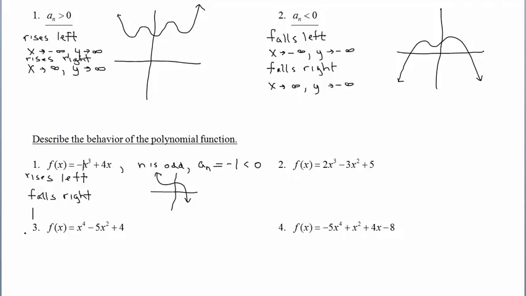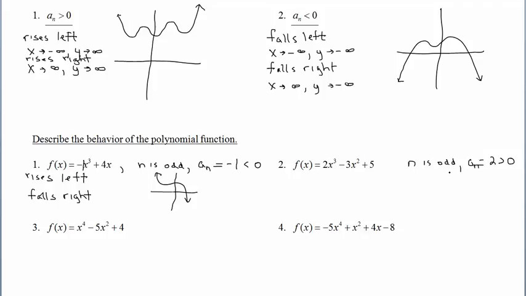I mentioned stating the notation, but in this case, let's just do a description without the notation. So let's look at example 2. N is odd, but a sub n, which equals 2, a sub n represents the a value, I guess if you want to call it that, that's positive.